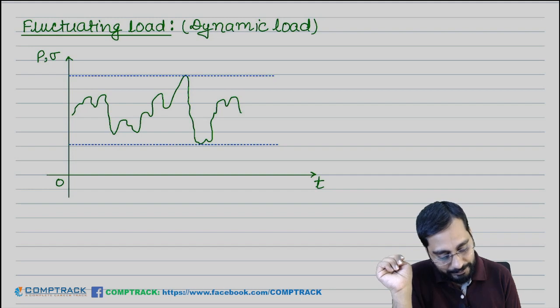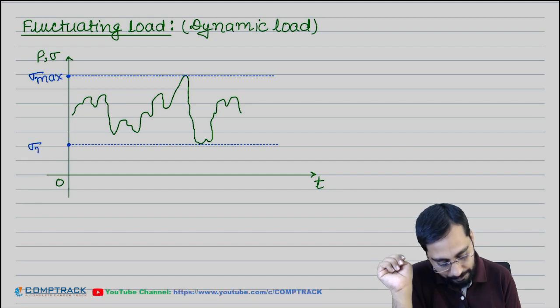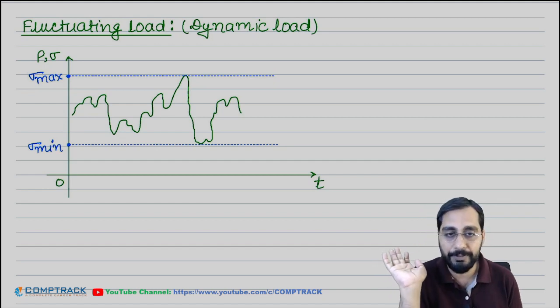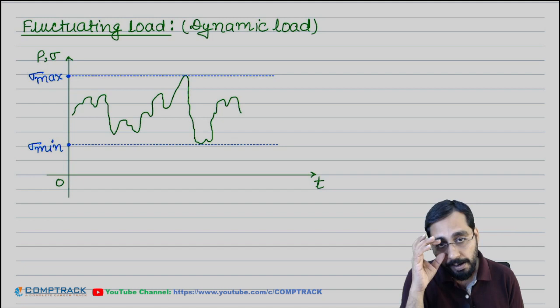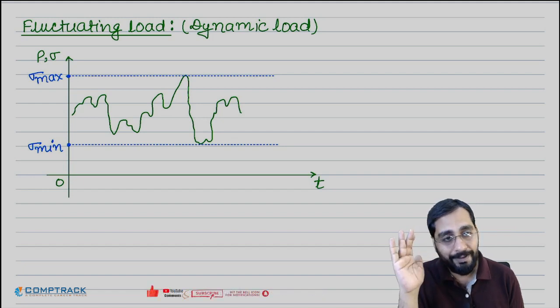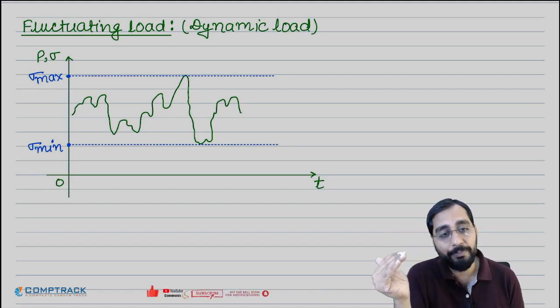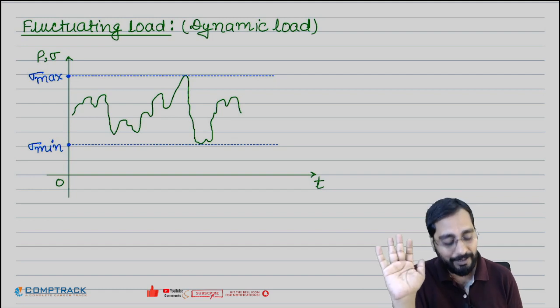So at the maximum load, the maximum stress will be like this, sigma max, and at the minimum load the minimum stress will be like this, sigma min. Yes or no?